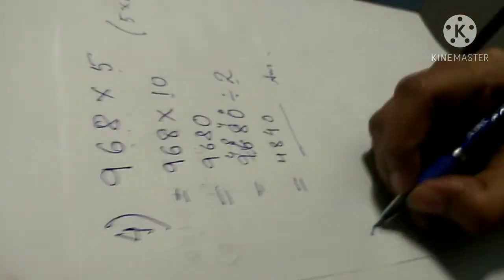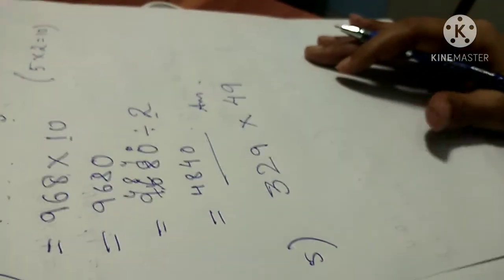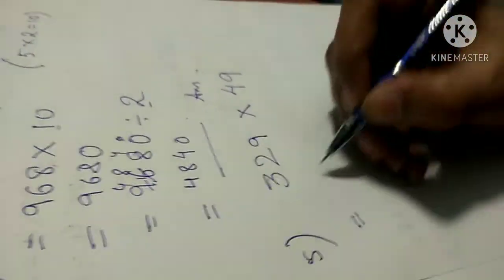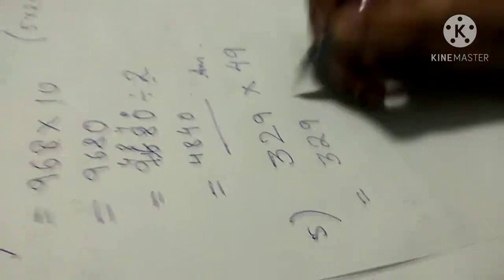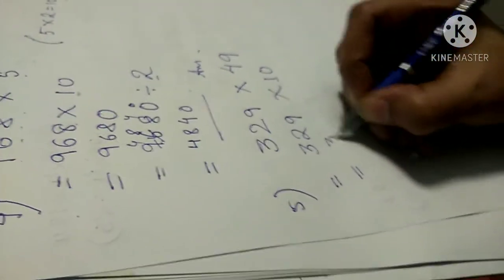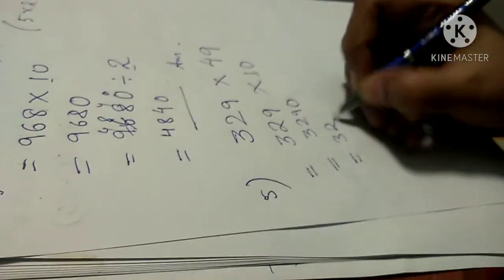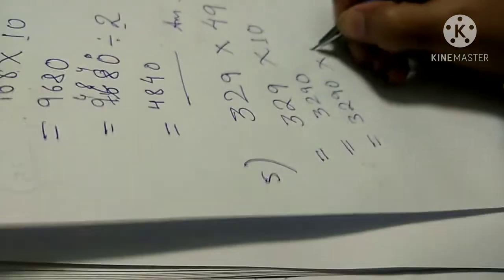Now let us see another trick. 329 multiplied by 49. Now what should you do for this? What you can do is, first of all, you multiply 329 by 10. 329 ones are 329, then 0 comes down, then you multiply this product by 5.